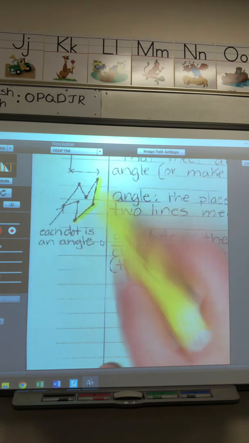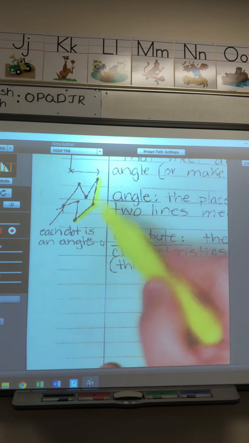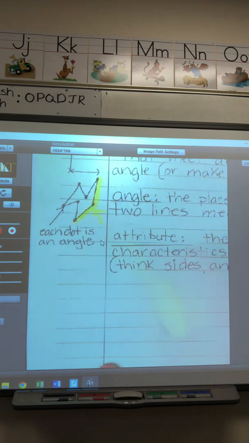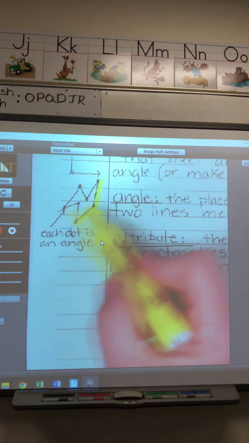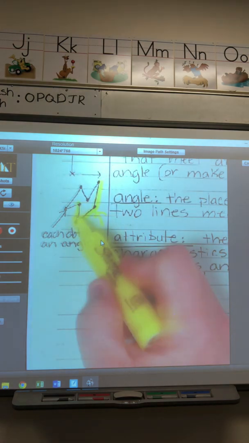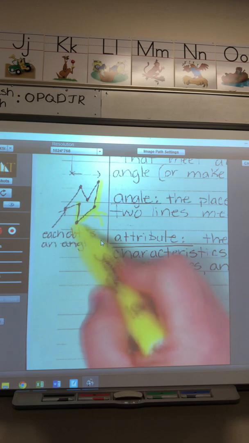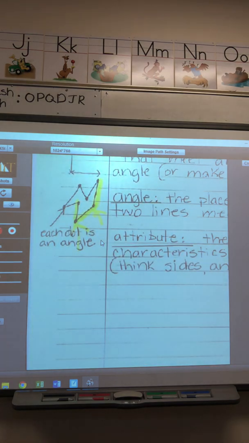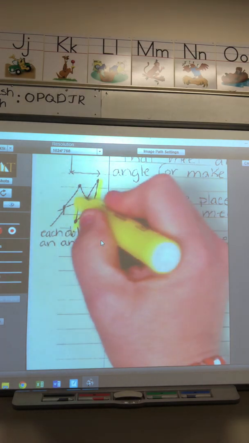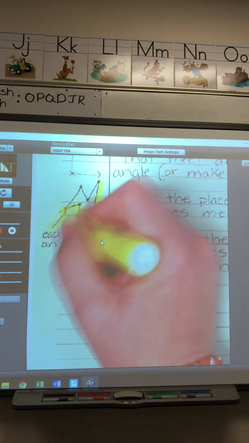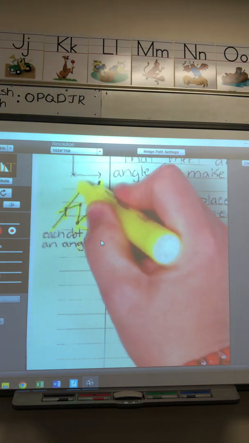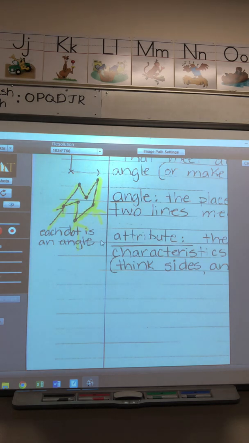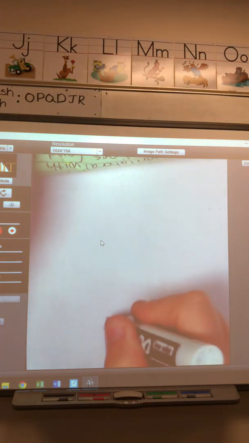So we have an angle right here where those two sides or two lines meet. But then this side meets that one and we have another. And then that side meets this side and we have another one. So we're constantly going around and looking at when two lines meet, okay?